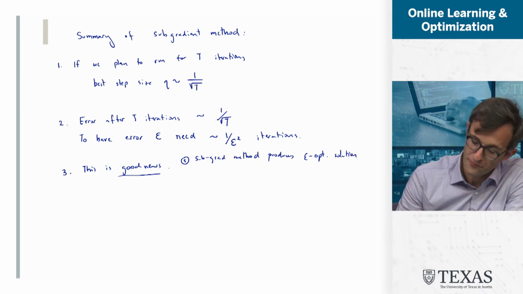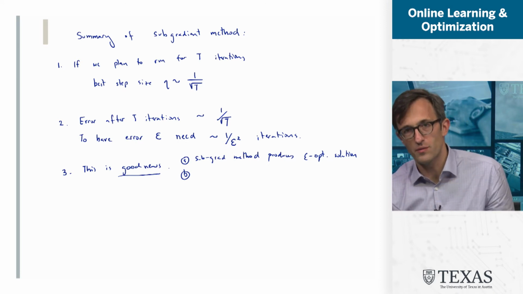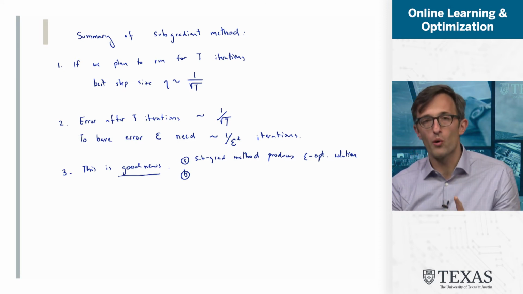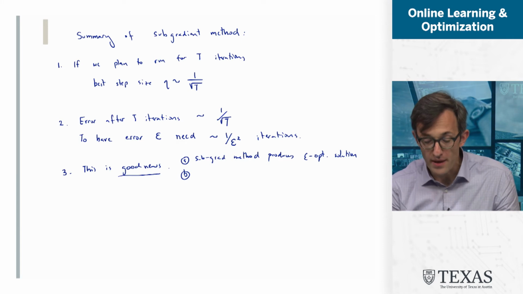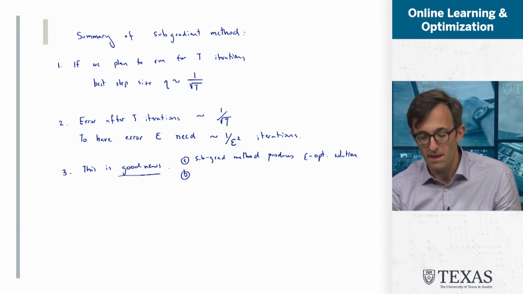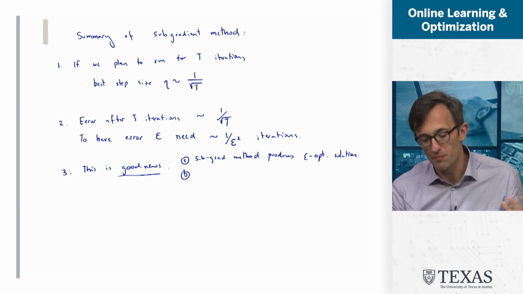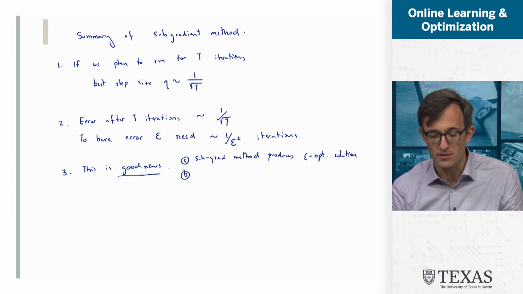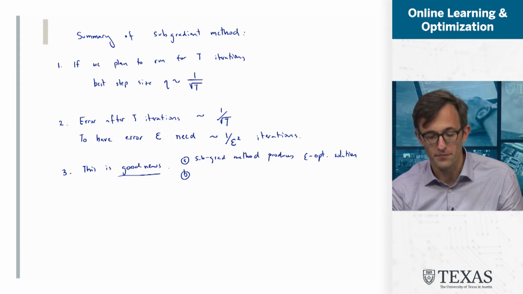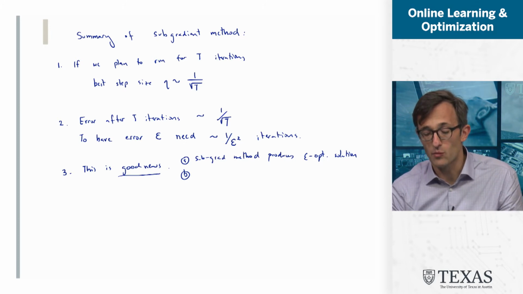That's good news. Another very important point here is that if you look at the number of iterations that we need, there is one important thing that's missing, and that is there's no function of the dimension. In other words, if I double the dimensions of my problem, or quadruple, or multiply by any amount the dimensions of the problem I'm solving, the number of iterations I need in order to get epsilon error is still going to scale like 1 over square root of t.